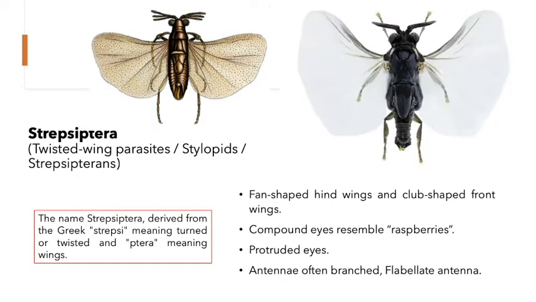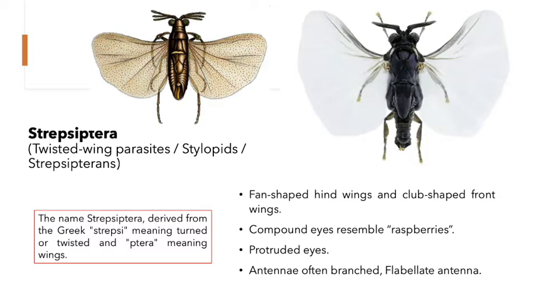The next order is Strepsiptera, and examples include twisted-wing parasites and stylopids. The name is derived from the Greek word strepsi, which means turned or twisted, and ptera meaning wings. It refers to the resting position of the male's large hind wings.